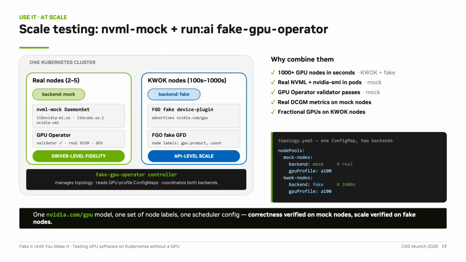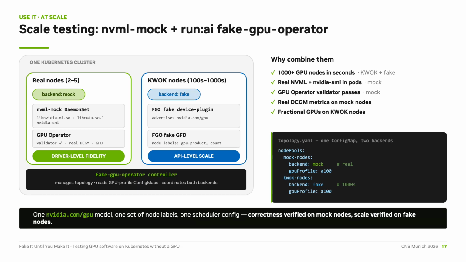But also, a very interesting project is if you need scale testing, right? Run AI also has something called the fake GPU operator. If you need to test not just the functionality of running your application in your architecture, which is what nvml-mock allows you to do, you can also mock scalability testing.